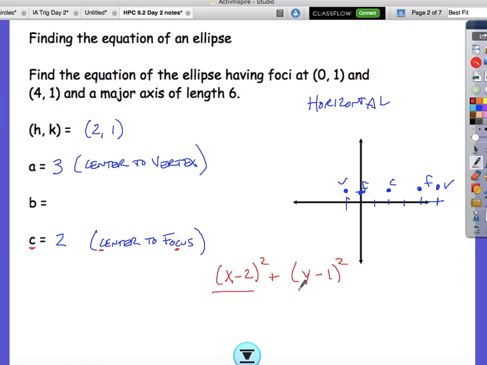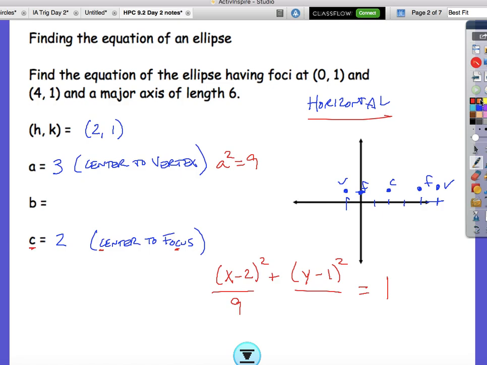And then I'm going to have both of those as fractions. It'll equal 1. The other thing I know is because of the fact that it's horizontal, that means that the a squared is going to go underneath the x's. So if a is 3, then that means that a squared is 9, and that's going to go under the x's.